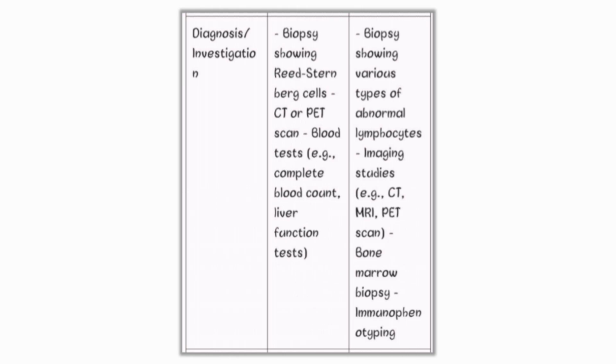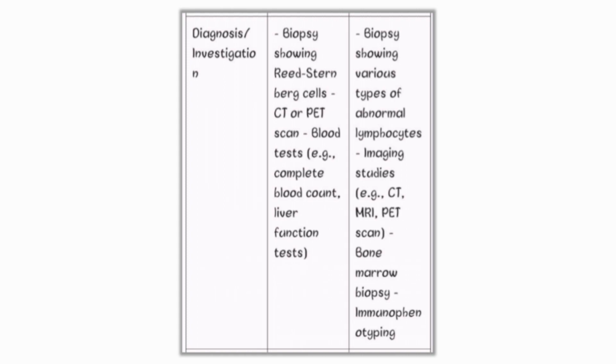Now let's talk about diagnosis and investigation. Diagnosis of Hodgkin's lymphoma involves identifying Reed-Sternberg cells through biopsy and imaging studies like CT or PET scans, while non-Hodgkin's lymphoma diagnosis requires a biopsy showing various types of abnormal lymphocytes along with imaging studies and immunophenotyping.